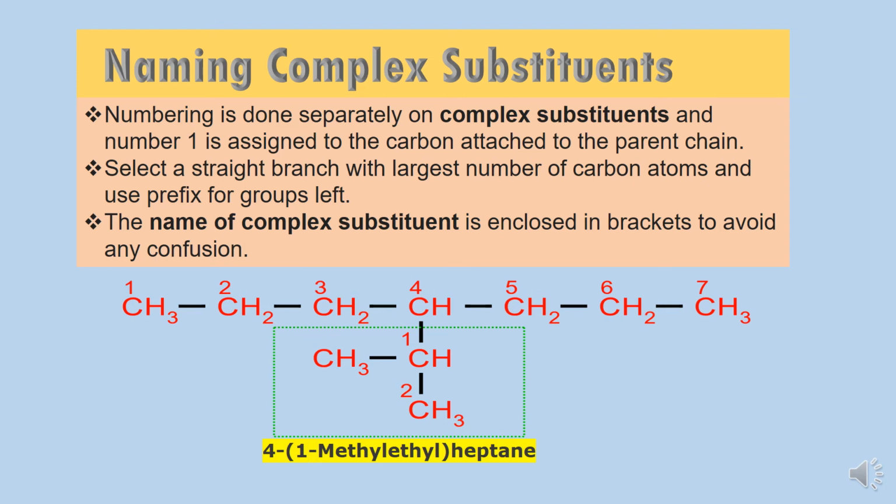So this is attached at the 4th position on the main chain, so the name of the compound will start with the position first, 4 hyphen bracket 1-methyl ethyl bracket closed, then the parent name is heptane. So in this way complex substituents can be named.